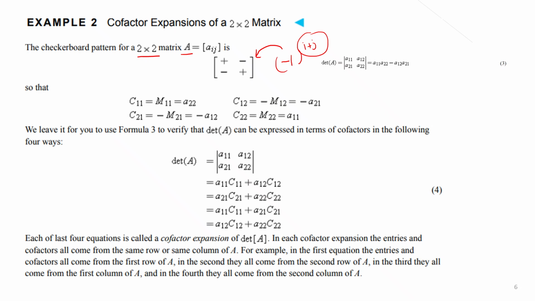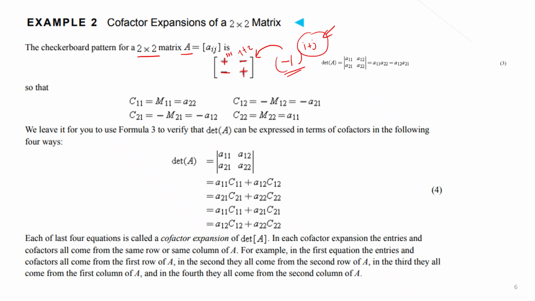Whenever we have an even number for i plus j, we will have a positive sign, and if we have an odd number for i plus j, we will have a negative sign. For example, 1 plus 1 is an even number, so we have positive. 1 plus 2 is odd, so here we have negative, and this one will be positive. This will be easier for us in calculating a lot of the cofactor values.